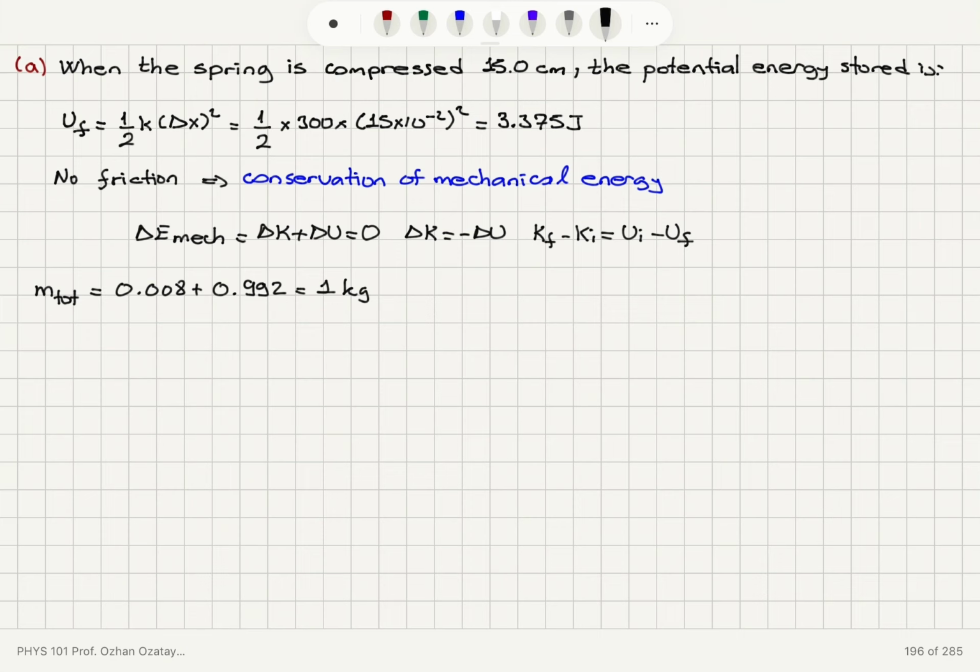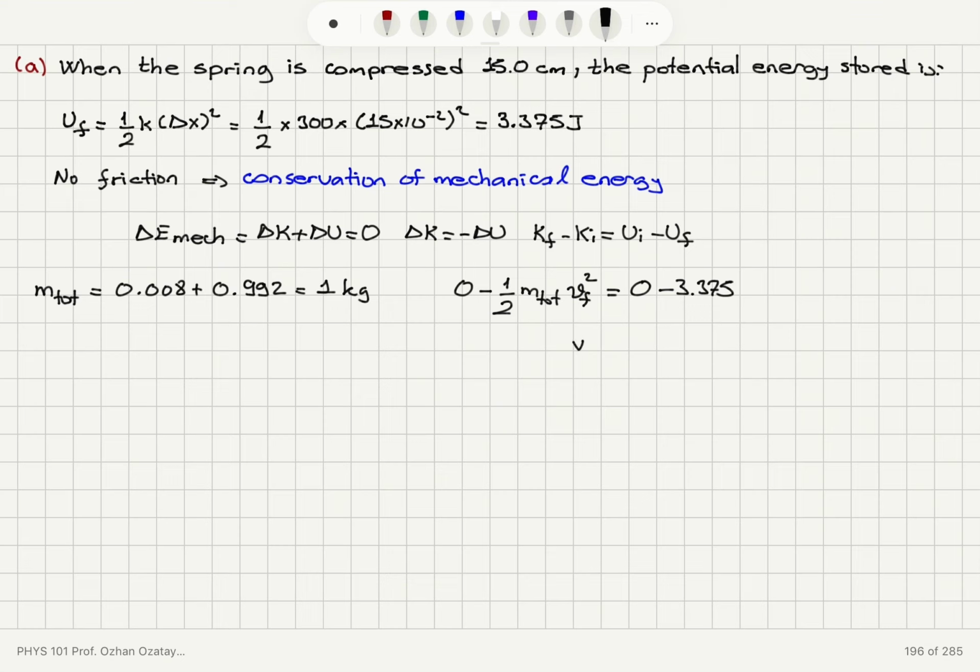So final kinetic energy will be 0 when we have maximum compression. Initial kinetic energy will be 1/2 m total, the speed of the block right after the impact squared, which is equal to initial potential energy, relaxed spring, is 0, minus final potential energy, 3.375.